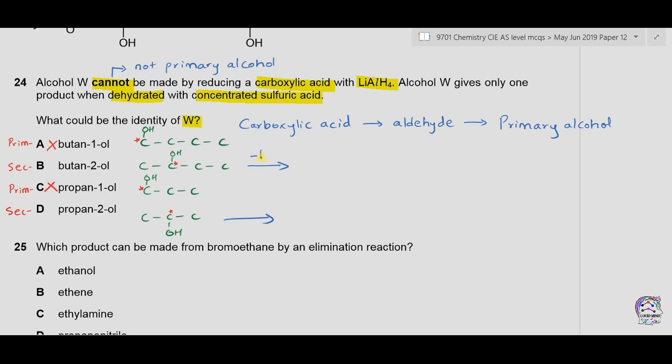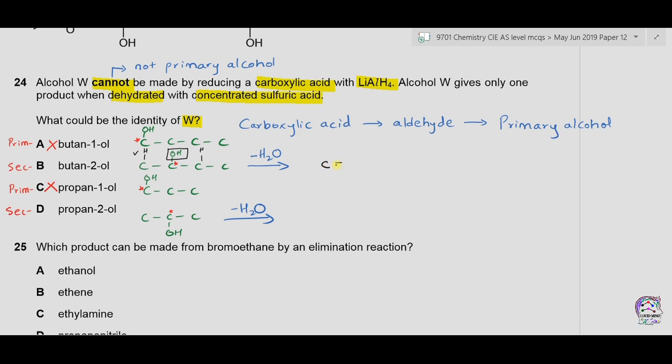Dehydration means removal of a water molecule in the presence of concentrated sulfuric acid. Now for the removal of water, OH is removed from one carbon atom and a hydrogen atom is removed from the adjacent carbon atom. So it could be this carbon, or the hydrogen atom could also be removed from this carbon. So therefore 2 different products are formed.